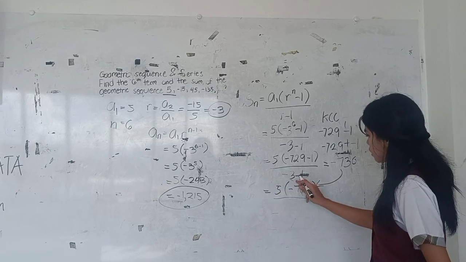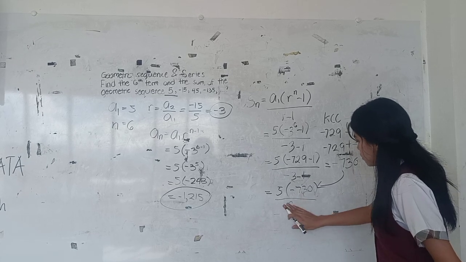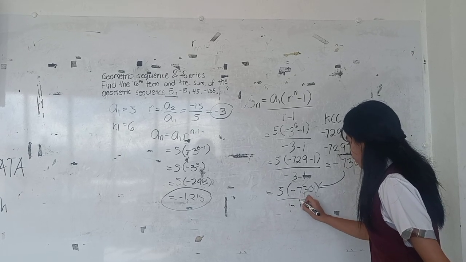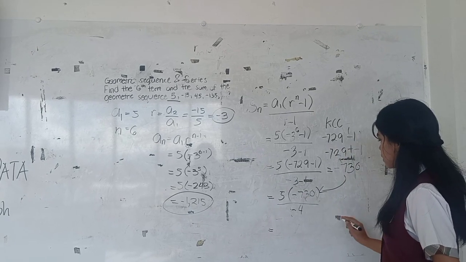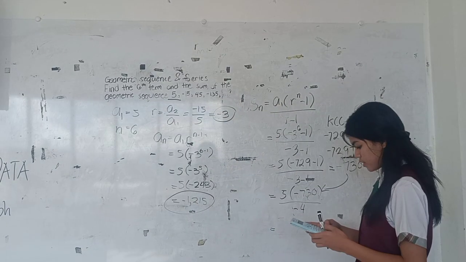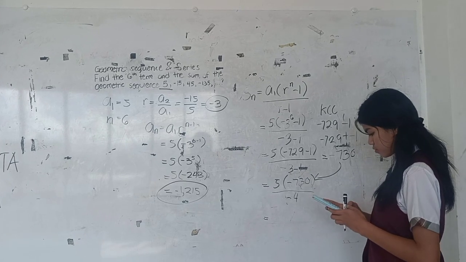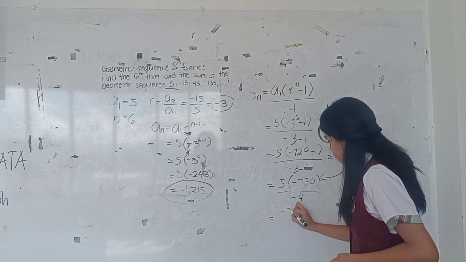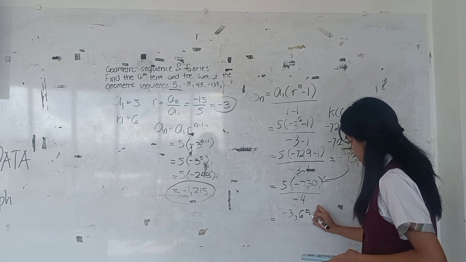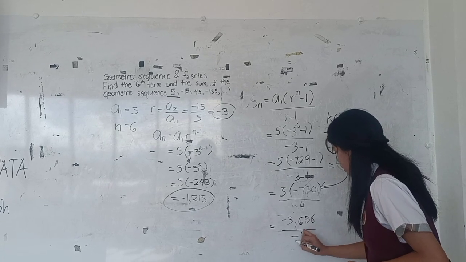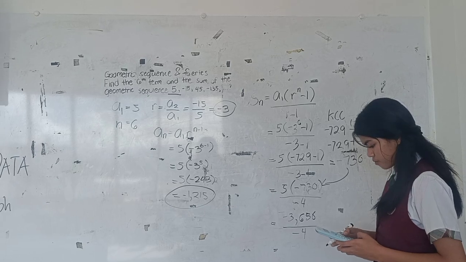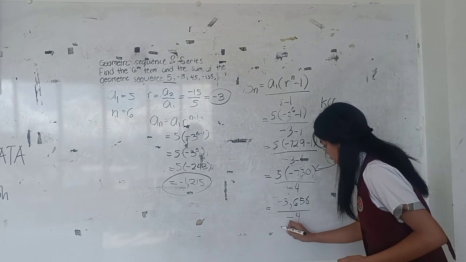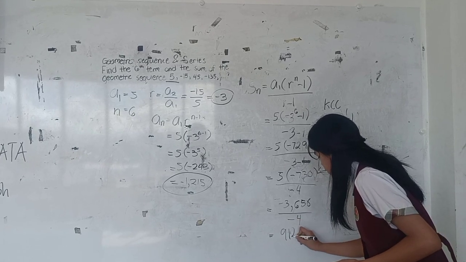Then, negative 3 minus 1 is negative 4, so we have 5 times negative 730 over negative 4. 5 times negative 730 equals negative 3,650, divided by negative 4 equals 912.5.